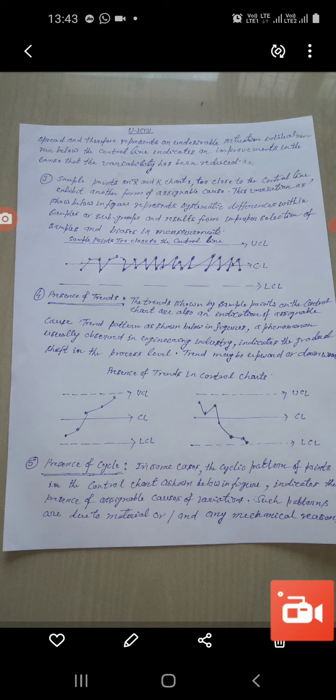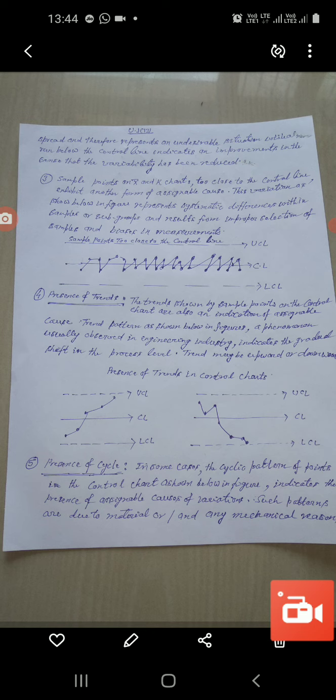Next is presence of trends. The trends shown by sample points on the control charts are also an indication of assignable causes. The trend pattern, as shown below in the figures, is a phenomenon usually observed in the engineering industry, and it indicates a gradual shift in the process level.